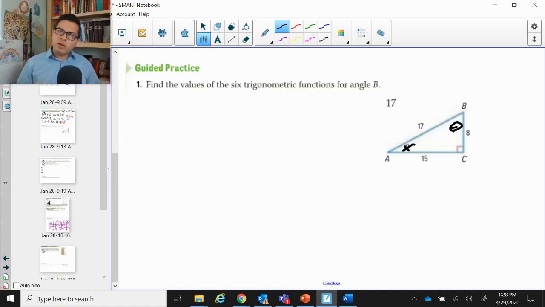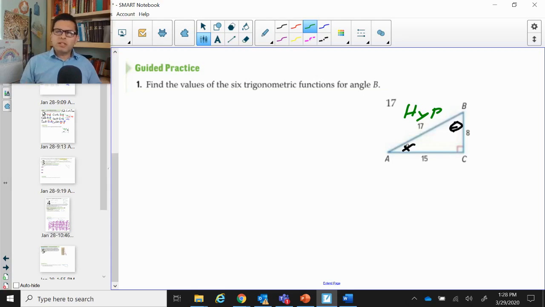Well, remember, our hypotenuse is always going to be the same. So our hypotenuse is always going to be the longest edge, the one that's opposite of our right angle. Our hypotenuse is going to be 17. H, Y, P. That's always going to be our hypotenuse. But changing our angle theta does change our opposite and adjacent sides.